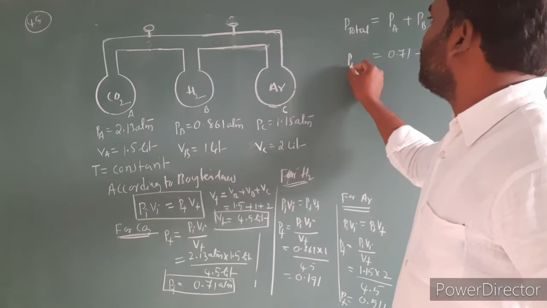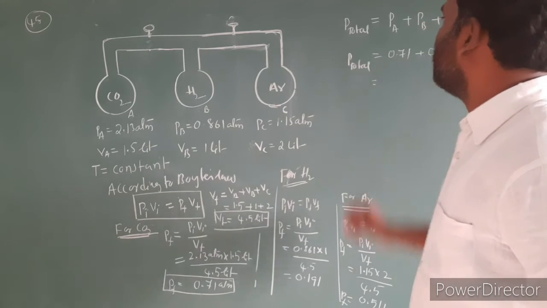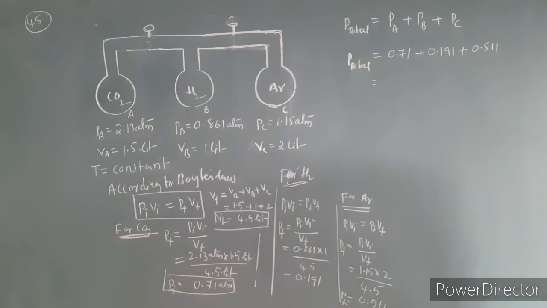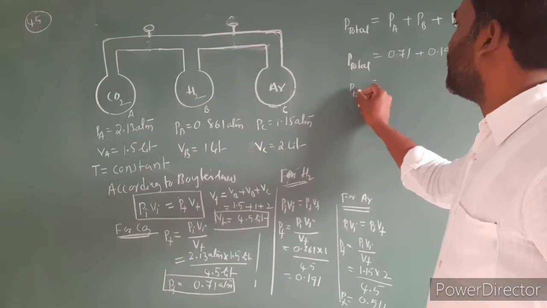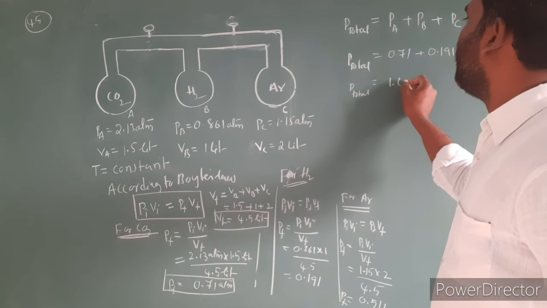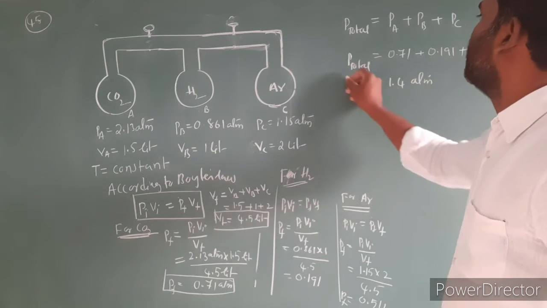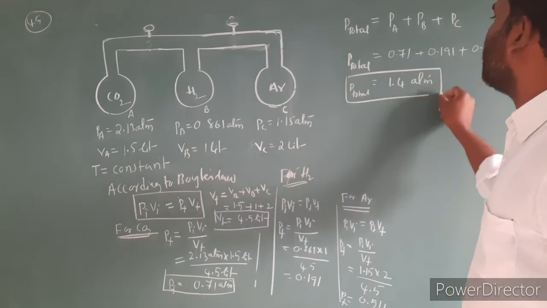So P total is 0.71 plus 0.191 plus 0.511. Upon simplification, we get P total equal to 1.4 atmospheres. So this is the total pressure.